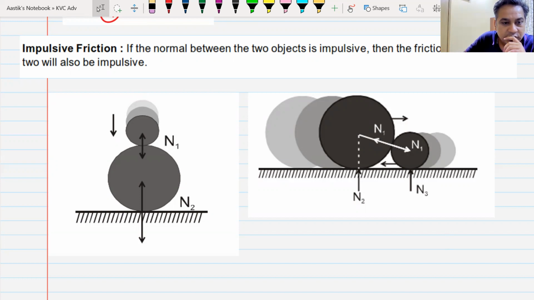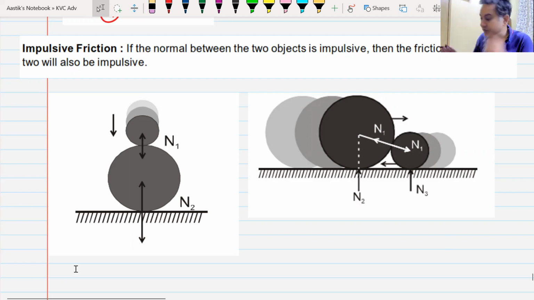Now we move on to impulsive tension. I hope you have understood the concept of impulsive. Yes, sir. Okay, now let us talk about impulsive tension. So you can write the next heading, impulsive tension.